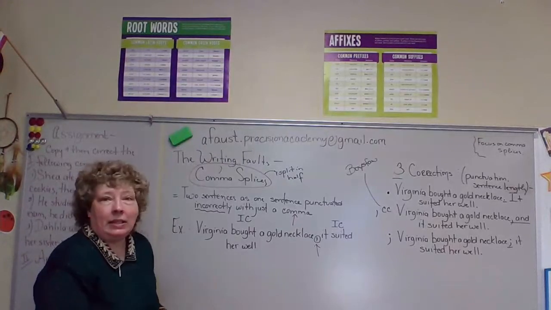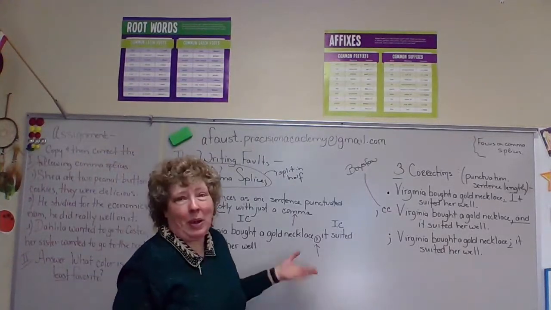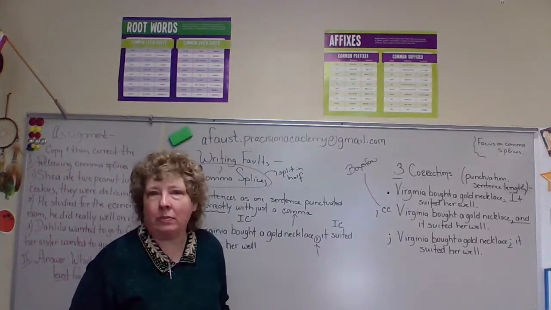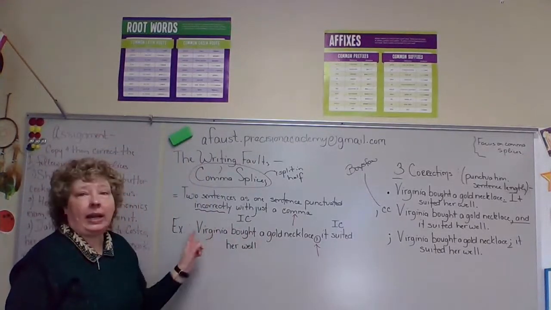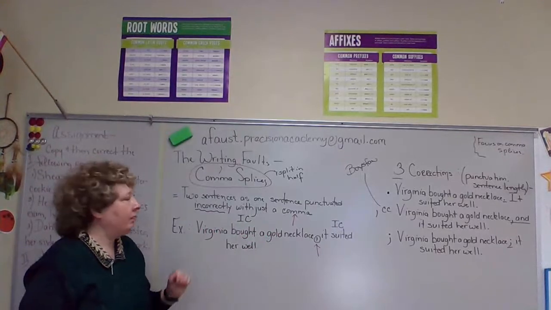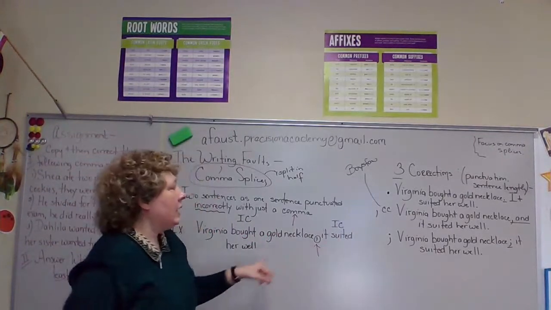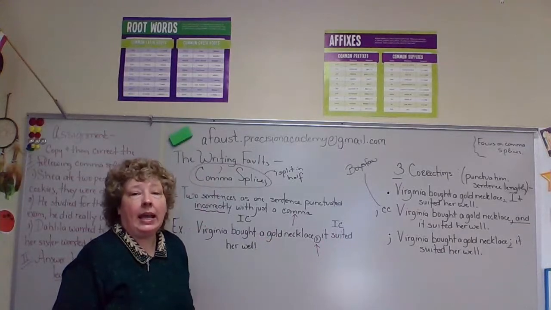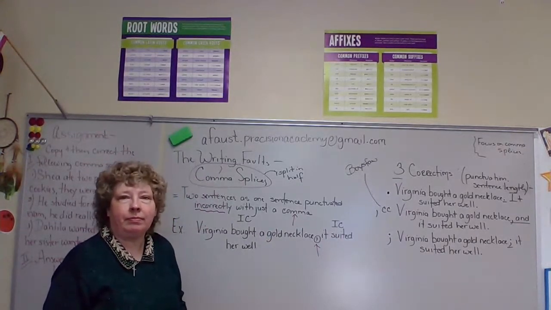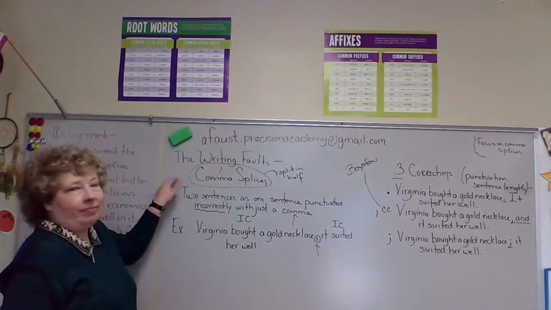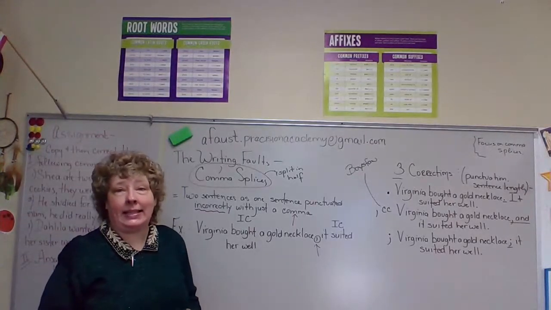By putting in a comma, it's not going to work. Virginia bought a gold necklace: here's one IC. It suited her well: here's another IC. And I want to make that into just one, so I'm just going to throw in that comma. I just created a comma splice.